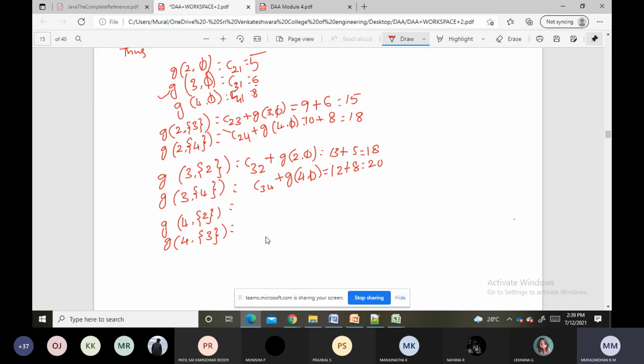What answer are you going to get for this? 13. Very good. And for this one? 15. Very good. So now we have found all of this; the second level is finished, right?